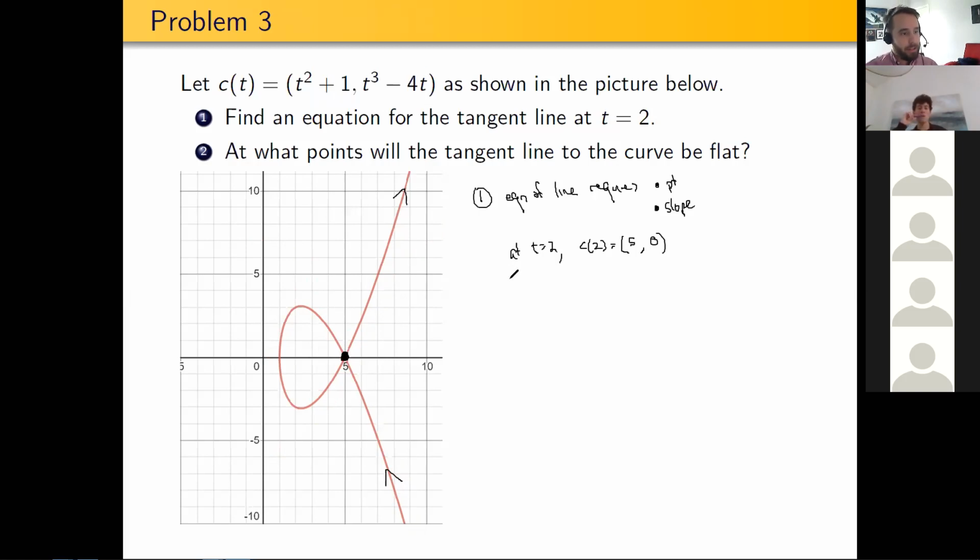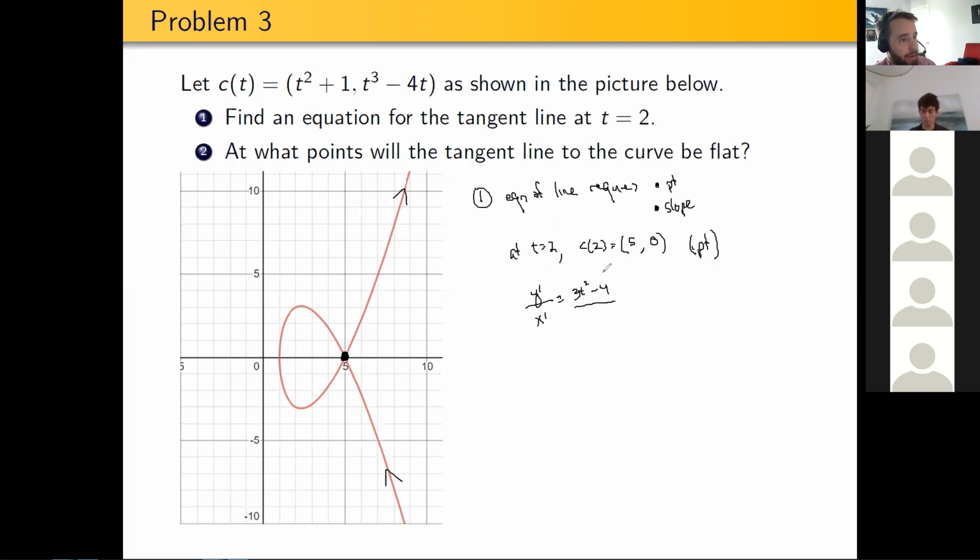To calculate our slope, we want to use the work on the previous slide, which means that the slope will be y prime over x prime. And so y prime in this case, our y function was t cubed minus 4t, and so y prime is 3t squared minus 4.